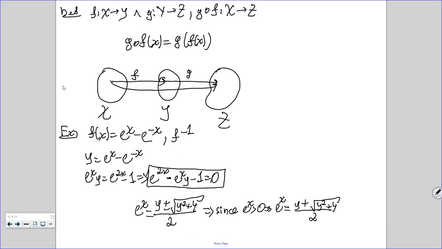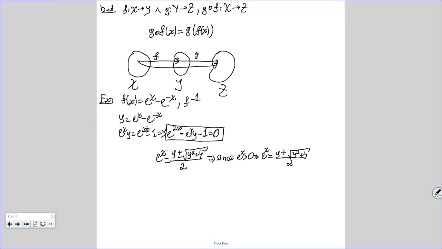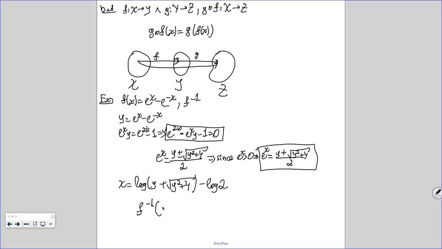If we take the logarithm of both sides of this equation, then we have that x is equal to log of y plus the square root, minus logarithm 2. So therefore f inverse is as follows.